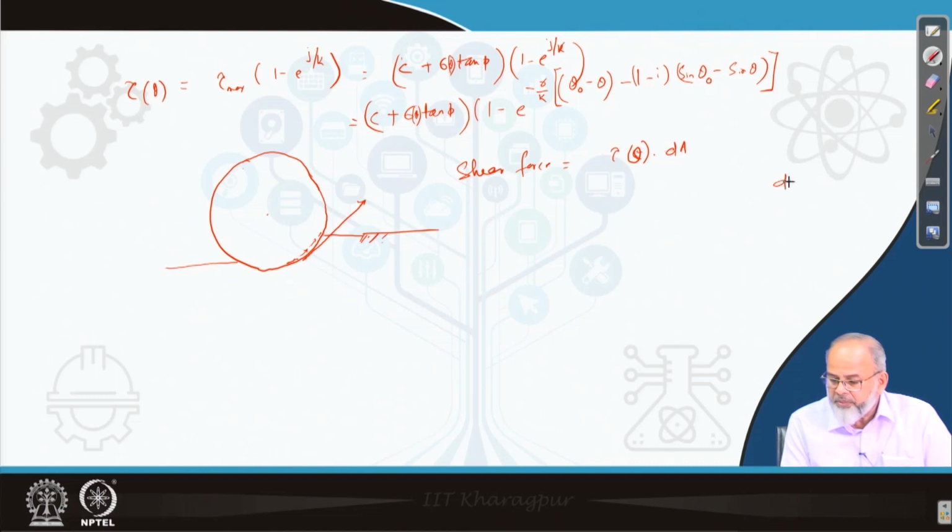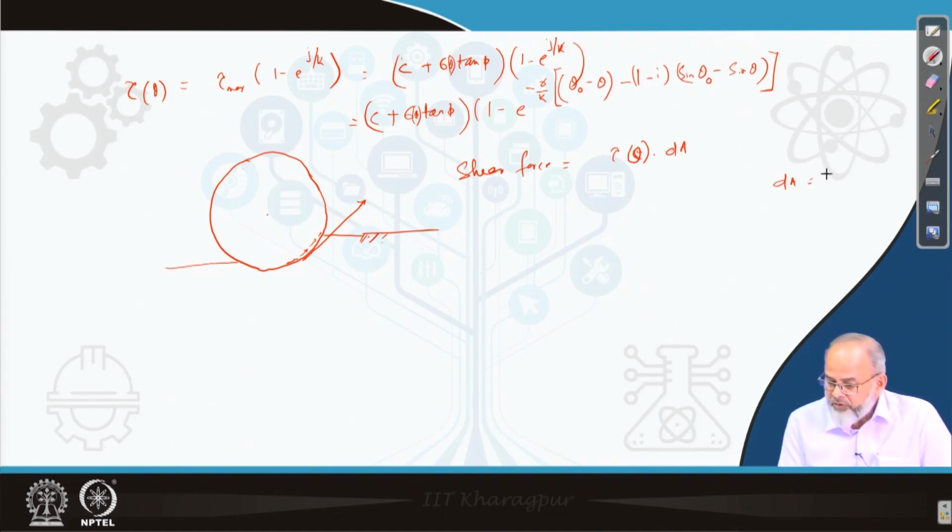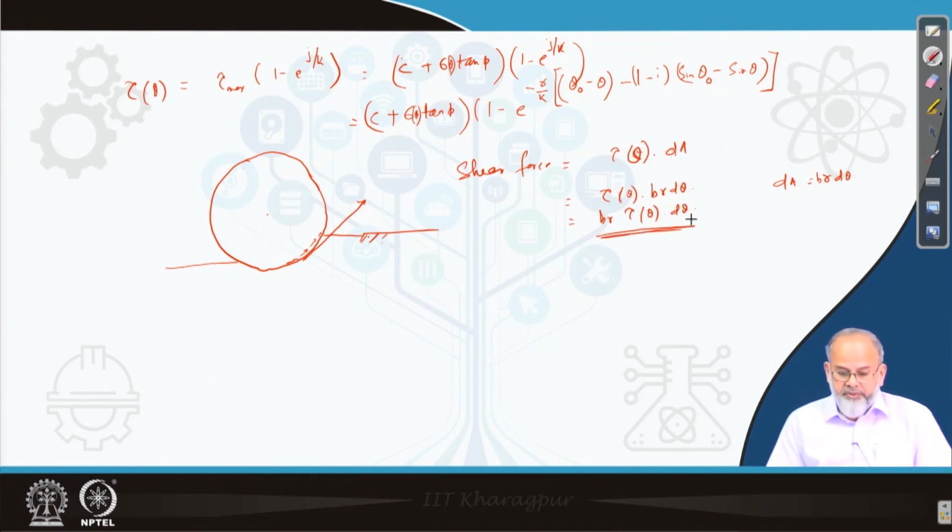If B is the width of the wheel and that small element is subtending an angle d theta, dA will be equal to r d theta into B. So, tau into B r d theta, or B r tau theta into d theta. This will be the shear force.